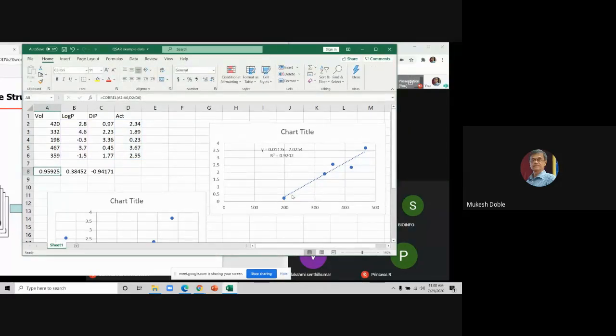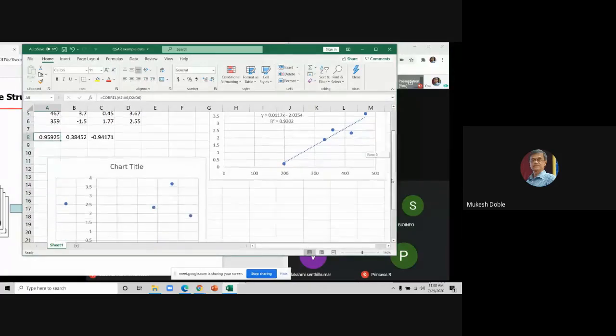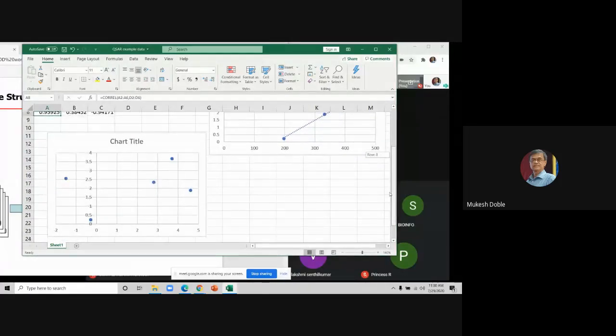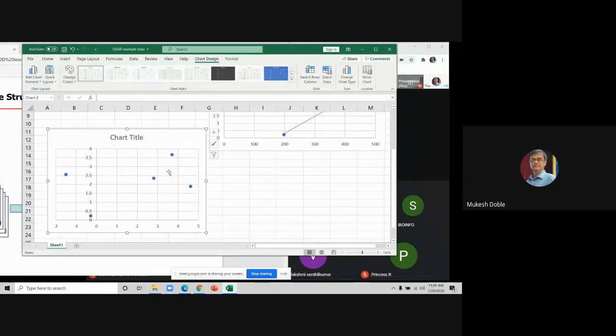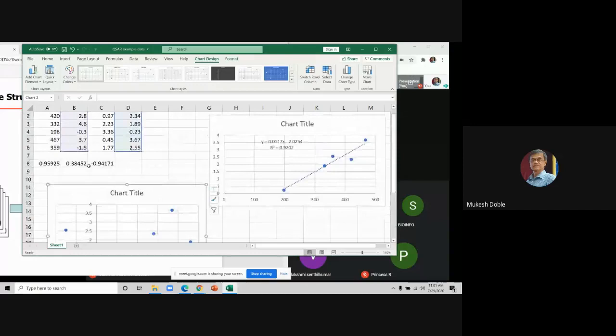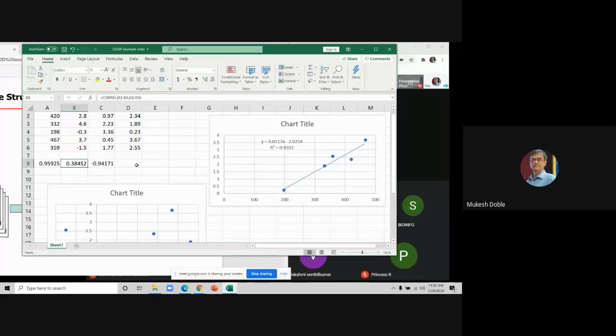So as the volume increases, activity increases, and this is the QSAR equation. Here X is the volume, Y is the activity. Whereas if you look at our second log P relation, it's quite bad. It's all over the place as the log P changes.